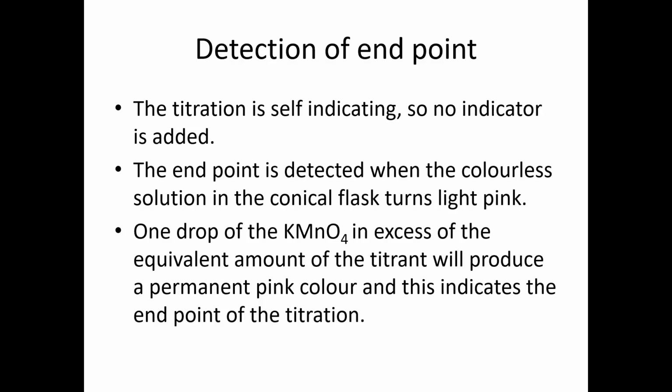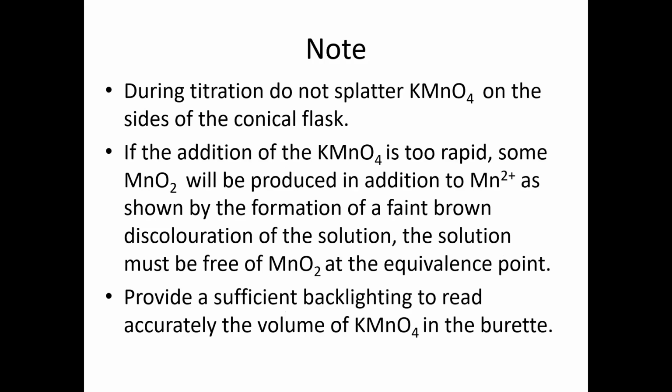The color will change by the end of the reaction between the oxidizing agent and the reducing agent. So the endpoint is detected when the colorless solution in the conical flask turns to light pink. This occurs when one drop of your KMnO4 is added beyond the equivalent amount of the titrant and gives you a color change.